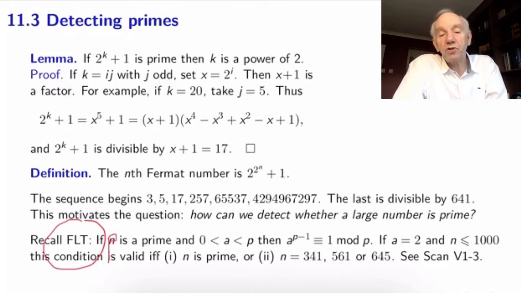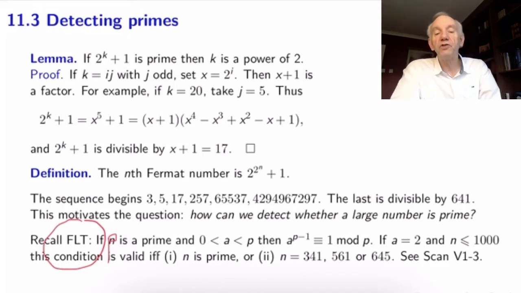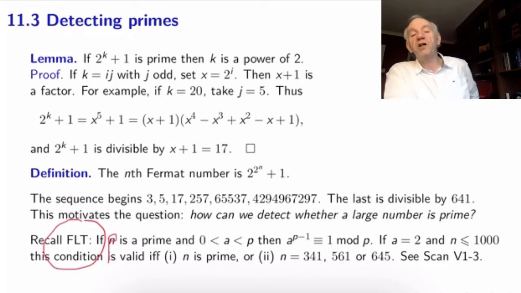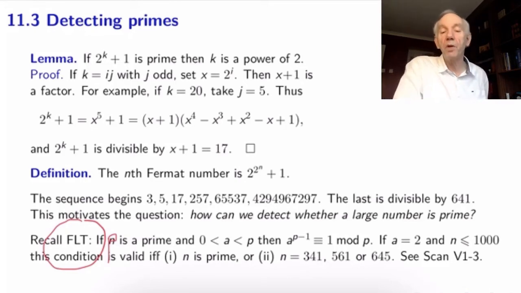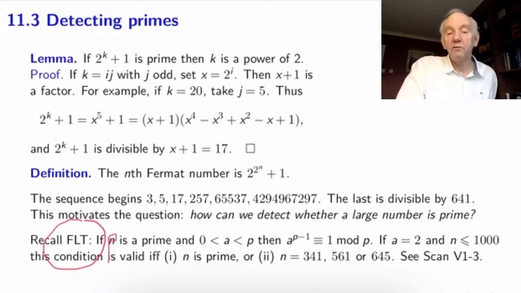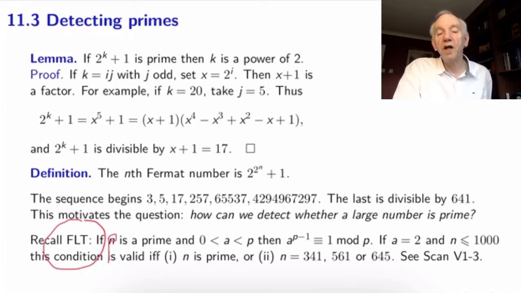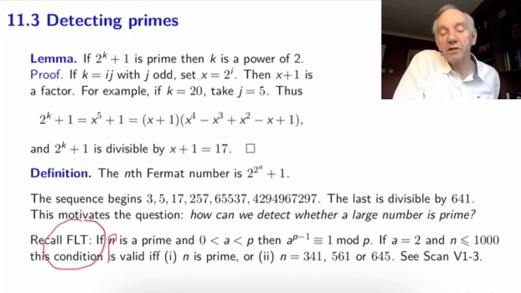It follows easily from group theory because all the non-zero congruence classes form a group under multiplication, and there are p minus 1 of them, running from 1 to p minus 1. When you take any element of a group to the power of the size of the group, you get the identity. That's why Fermat's little theorem holds.